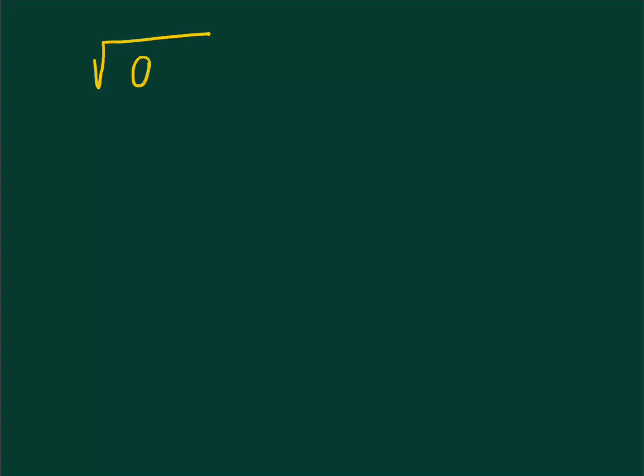If I have any number to the power of x and its nth root is what we have to determine, then what do we do? We take the power as 1 by n. So this becomes a to the power x to the power of 1 by n.